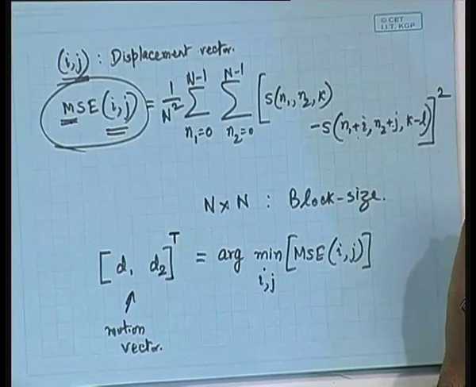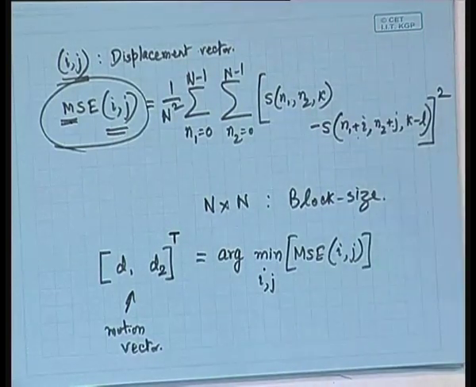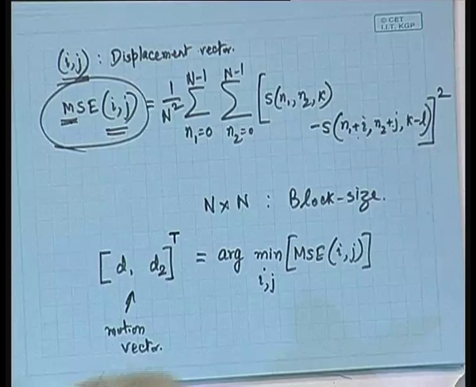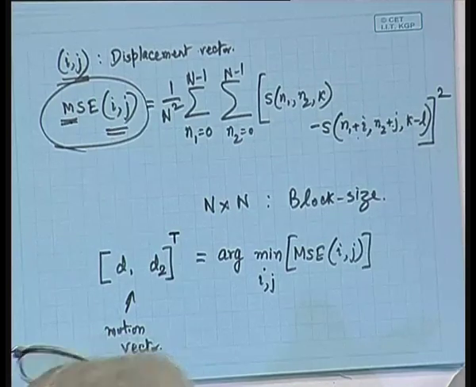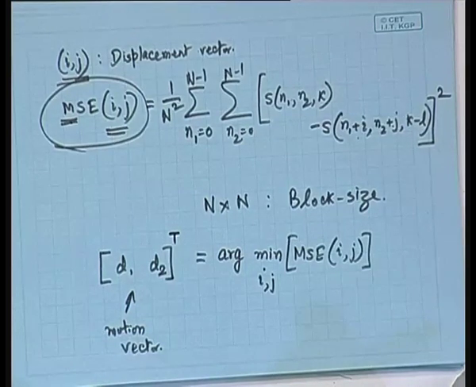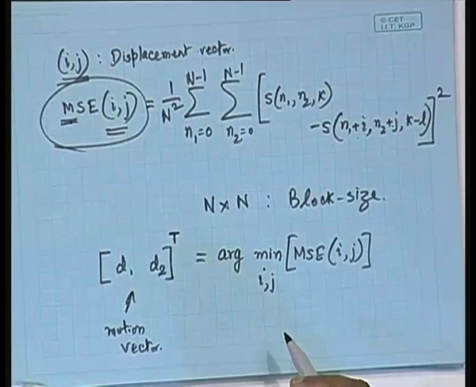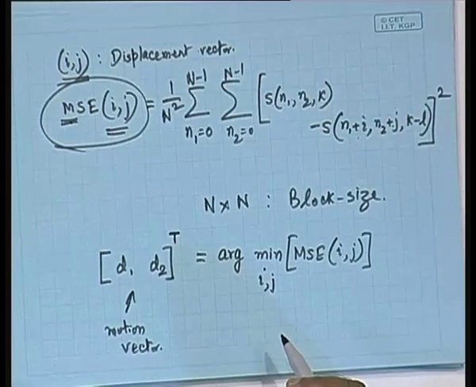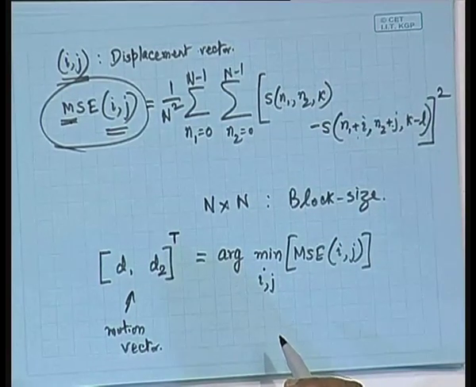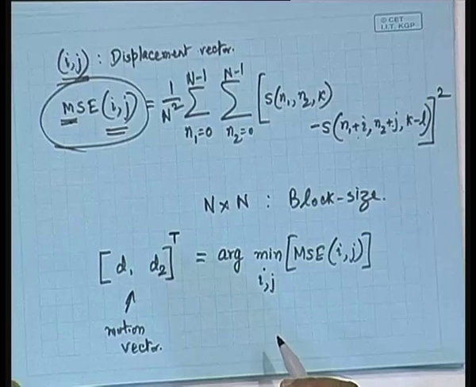Now, you can realize one difficulty in this process: we have not only 64 additions, but 64 squarings are also involved, because there is a square term in this MSE computation. So, 64 squarings, or 64 multiplications, are to be done, and multiplication is of course a very costly resource.